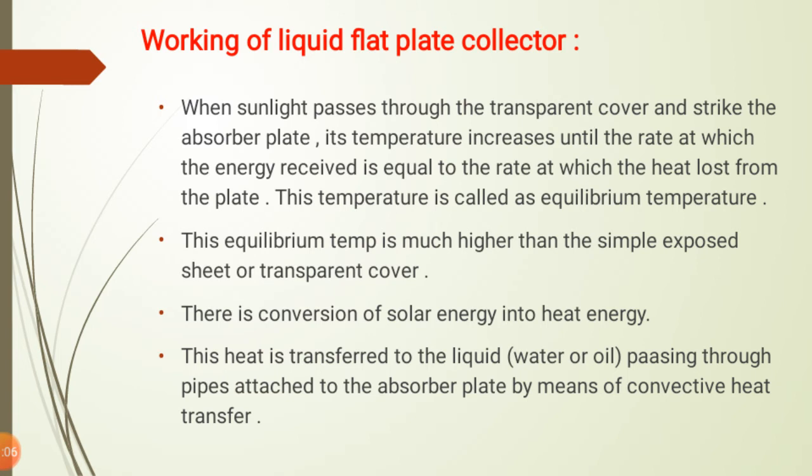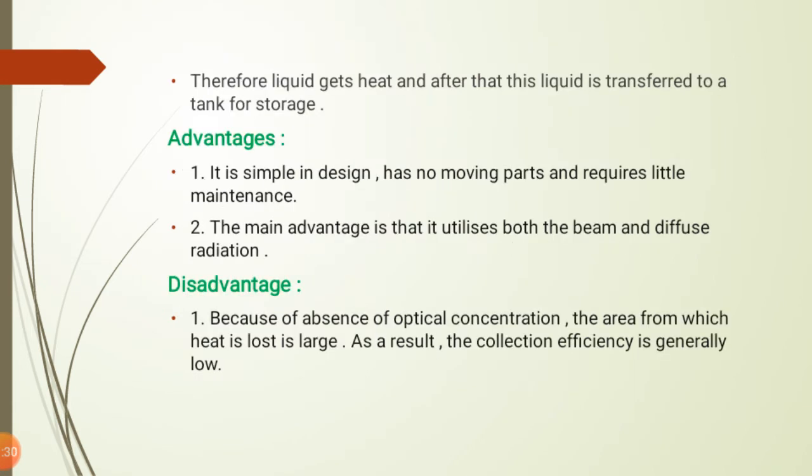These pipes are attached to the absorber plate so that the absorber plate transfers the heat to the liquid by the convective heat transfer process, and due to the heat there is a heating of water.